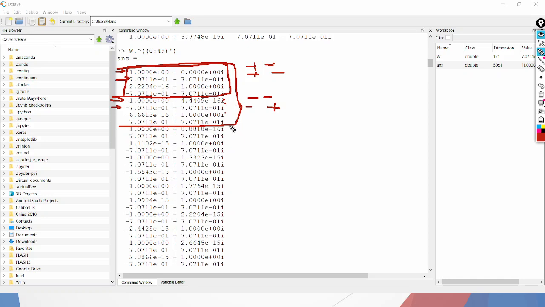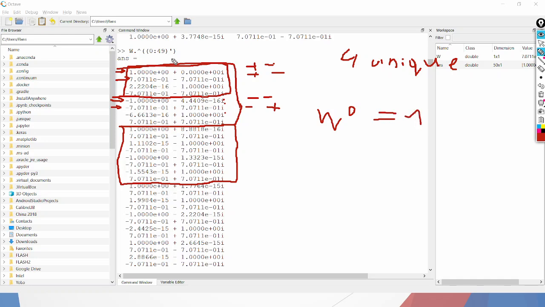And if we check even further, then these 8 are going to be exactly the same as this 8. So there are in total only 4 unique values, and all the others are variants with different signs, or they are exactly the same at all. So that's why we have to calculate only 3 coefficients. W at the power of 0, even for a complex number, if you calculate it at the power of 0, is just 1, which is the first one.